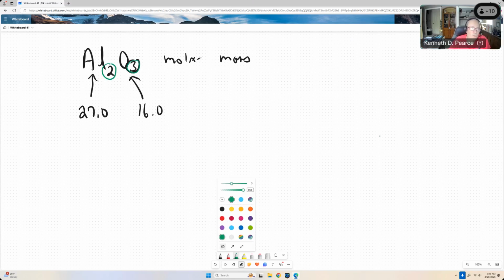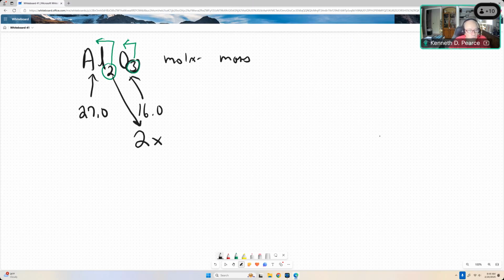And remember, that 2 means 2 of everything prior. That 3 means 3 of whatever's prior. All right. So now we're going to say, well, it's 2 aluminums. There's the 2 right there. 2 aluminums times 27.0 grams per mole. And then we're going to add in the 3 oxygens.